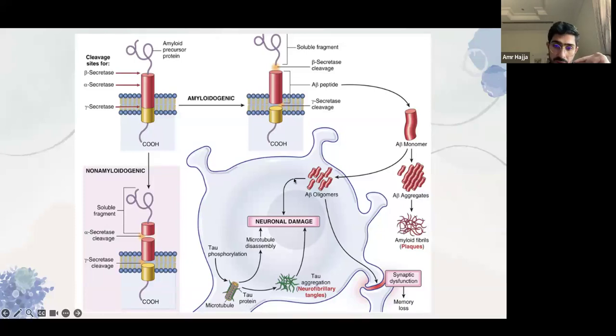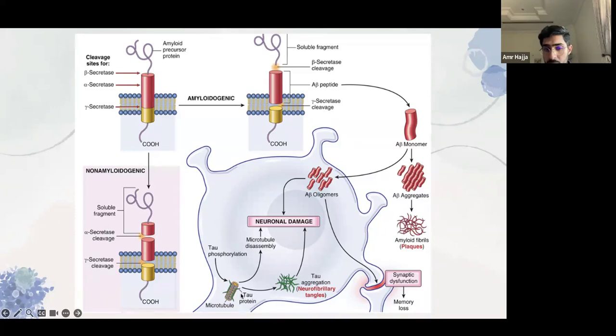Now, when amyloid beta enters the cell, it will result in hyperphosphorylation of this tau protein. The exact mechanism is not known. However, it was shown that they will result in hyperphosphorylation of tau protein. Now, whenever tau protein is hyperphosphorylated, it will be removed from the microtubules, and they will impair the microtubules.